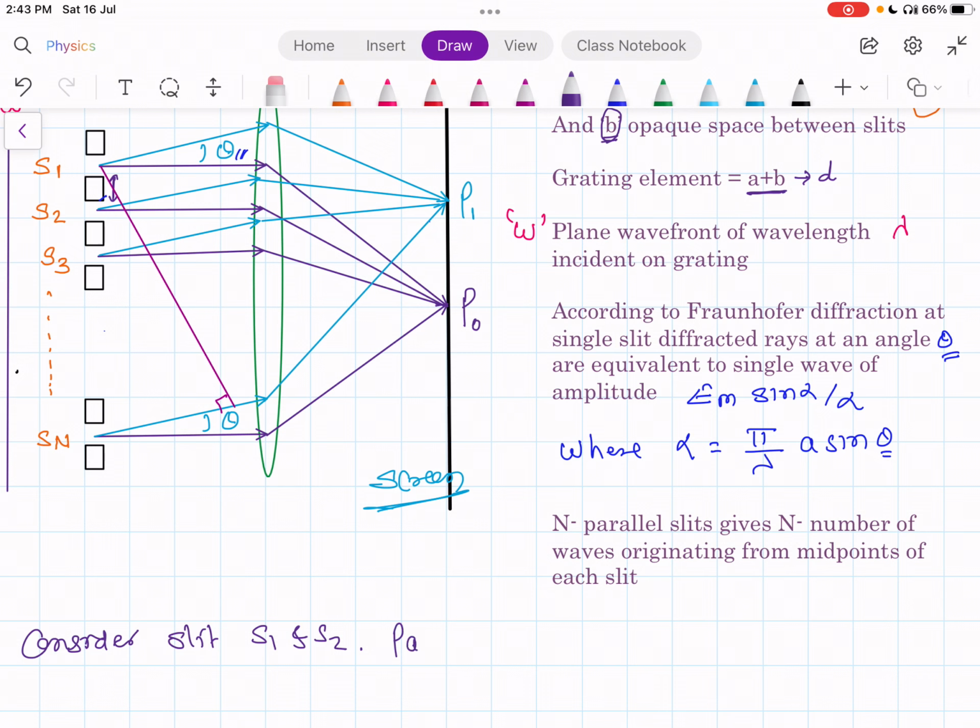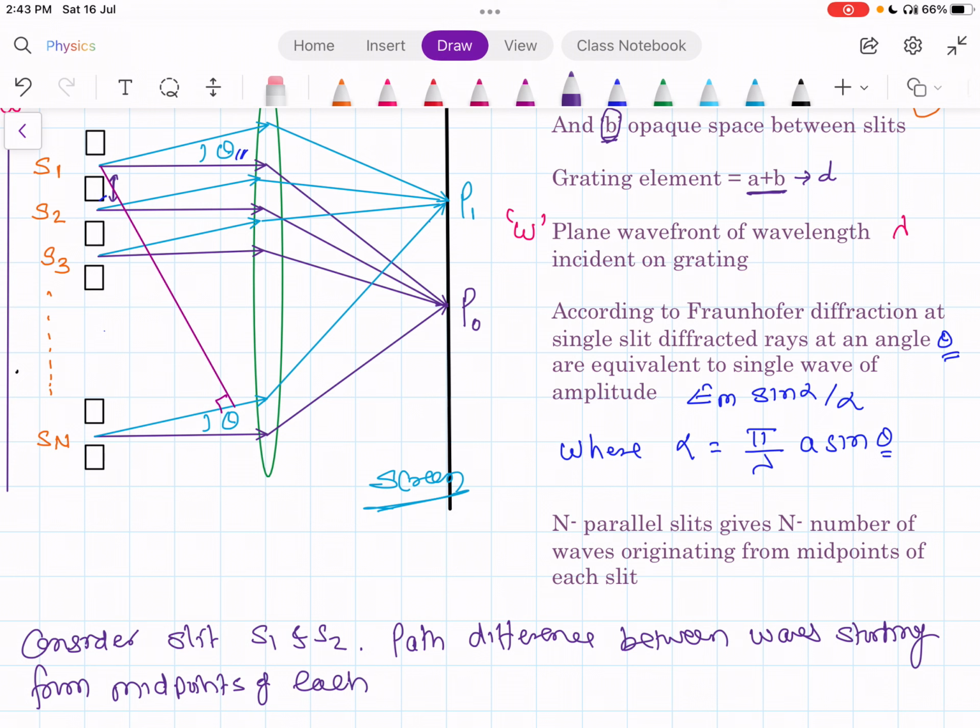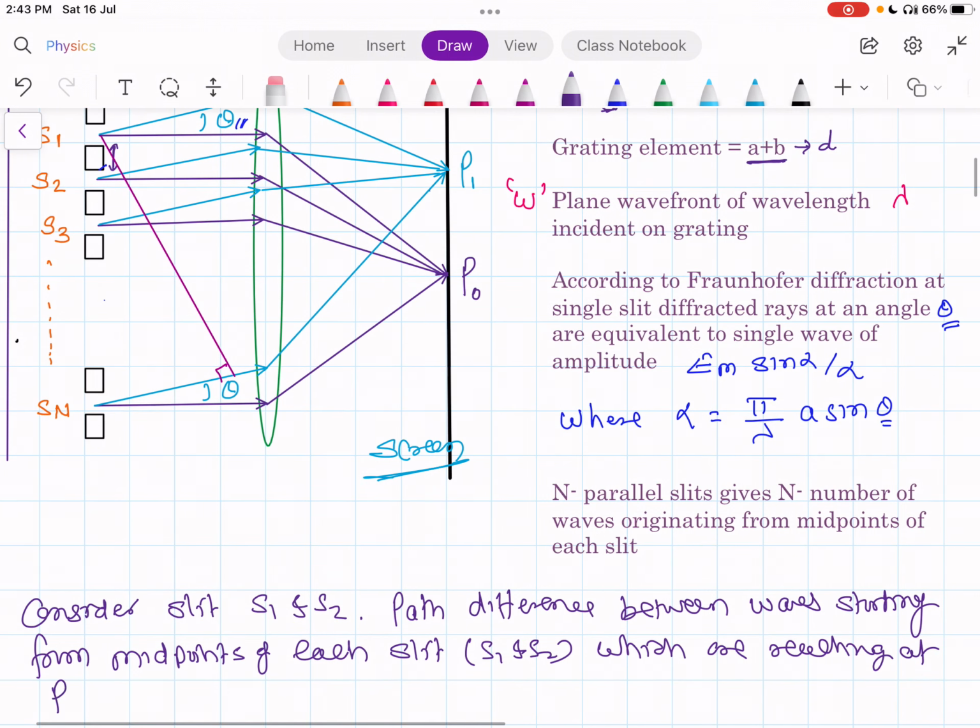Then the path difference between the secondary waves, starting from the midpoints of each slit, of course S1 and S2, which are reaching at point P1.